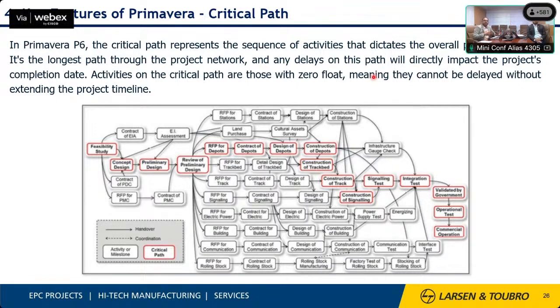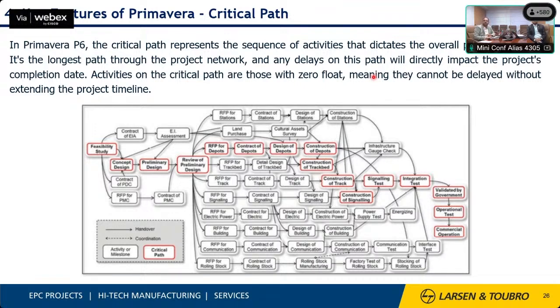We can increase or decrease the float. It's not mandatory that it should be 0. We can extend it up to 10, 15 or 100, whatever the requirement of the float is. Based on that it can be readjusted, but in the most general practice, float 0 means the activities become critical.